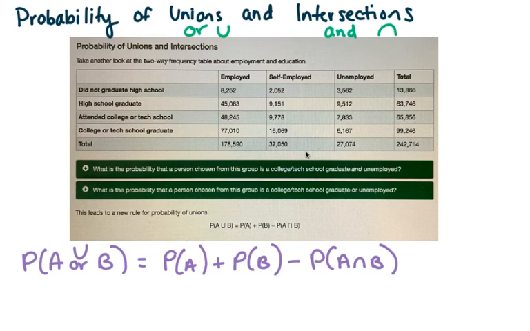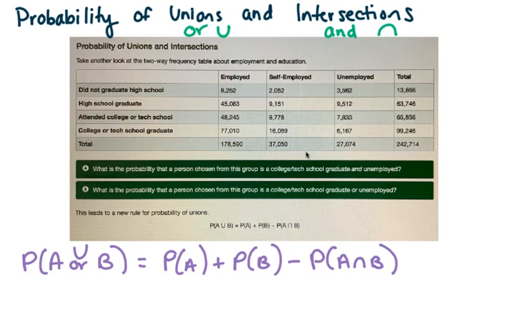So if I'm looking at just the sample spaces, the sample space of employed is this total of 178,590. The sample space of did not graduate high school is this total of 13,866.